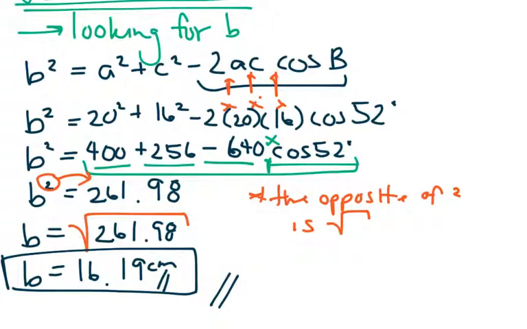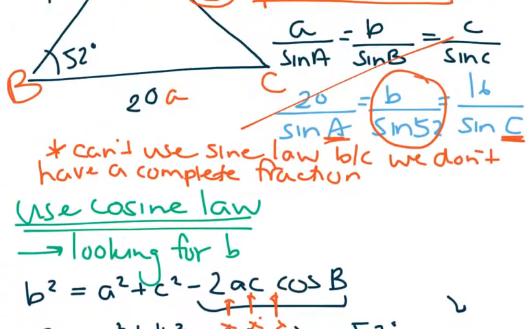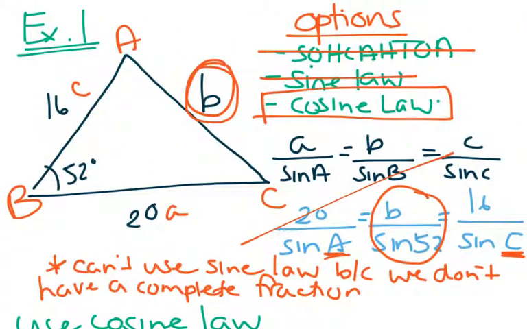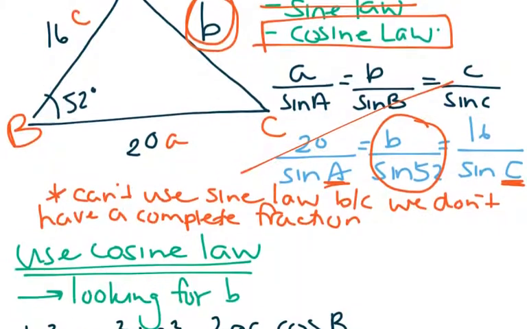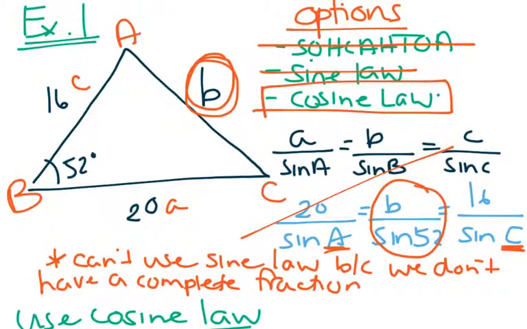So just as a reminder of what we did, taking a look back up here, we've got a triangle. We knew we were looking for side B. So we've got three options. We have SOHCAHTOA, sine law, cosine law. Right off the bat, we can remove SOHCAHTOA from our list because it is not a right angle triangle. For sine law, we tried sine law, but realized we didn't have a complete fraction, and now we know the shortcut.